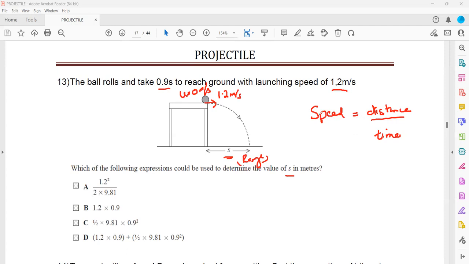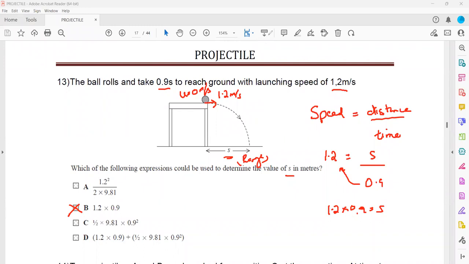So the speed at which it is launched equals 1.2. The distance we don't know, and the time it took is 0.9. So 0.9 is divided, the other side will be multiplied, it will be 1.2 into 0.9. That will give us the horizontal distance, or we can say range.